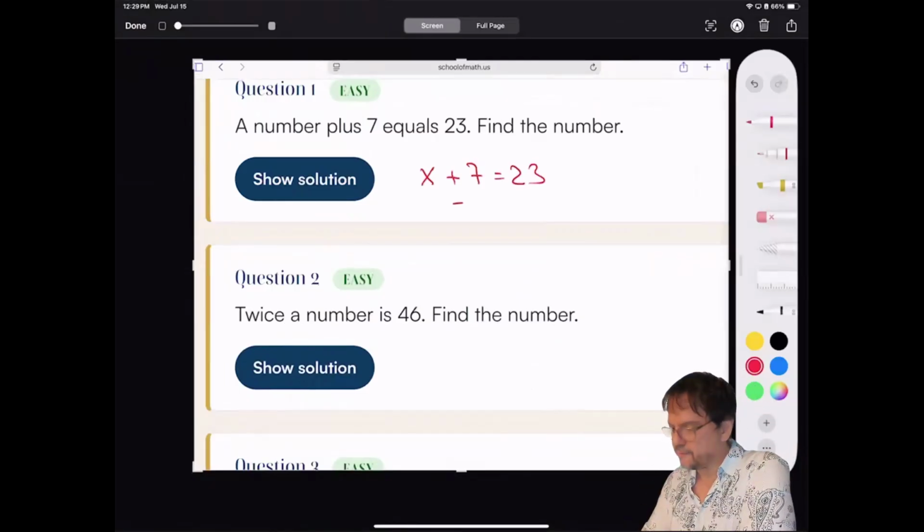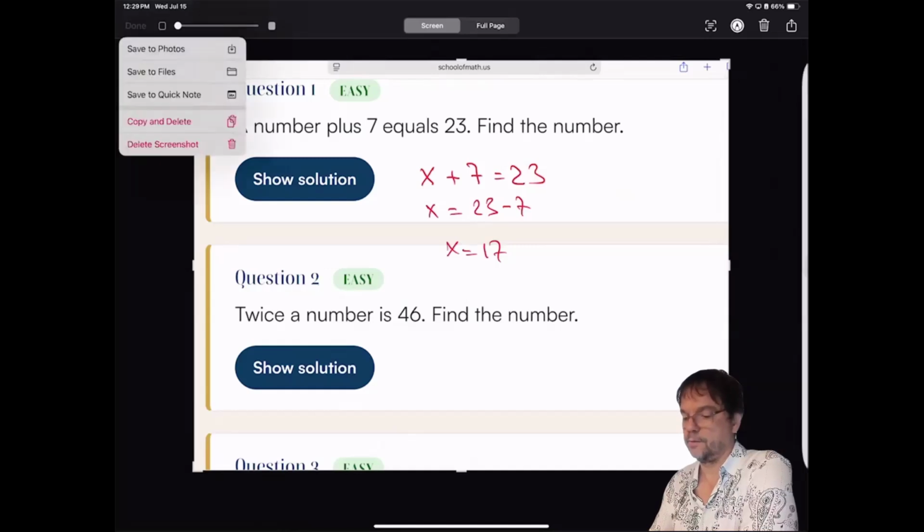Instead of doing this, that is a waste of time. 7 is adding. You pass subtracting. 23 minus 7. Yeah, that's how I did 23 minus 7. How much is 23 minus 7? 17. So x is equal to 17. Do you agree? Yeah.